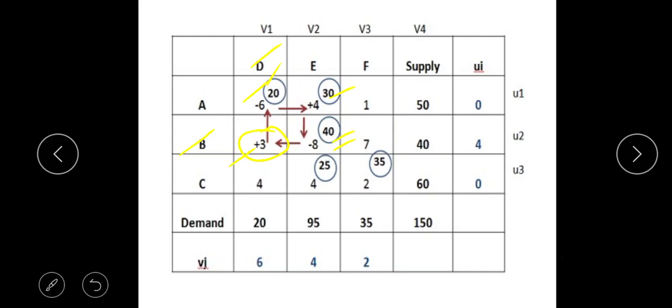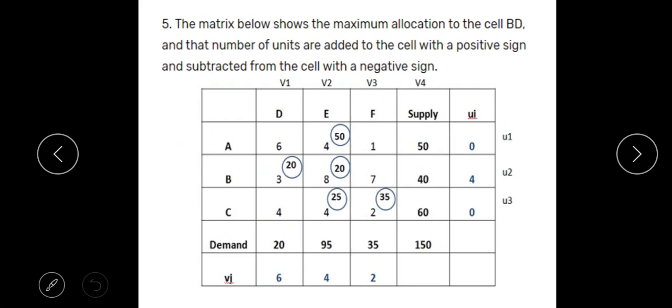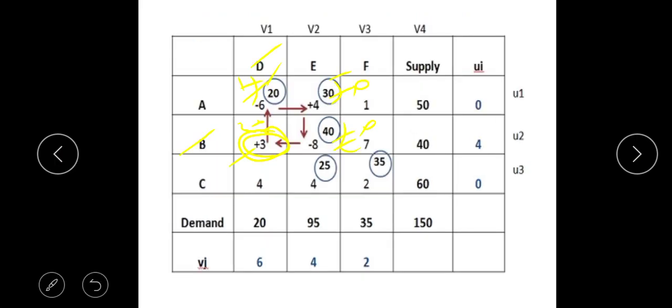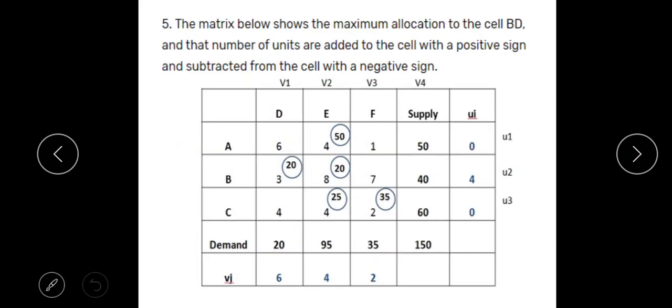So here if we add 20, it becomes 20, here nil, 20. You can observe here. So these are the changed values as per the previous table.